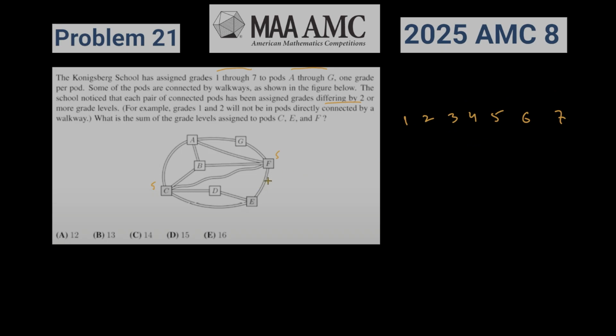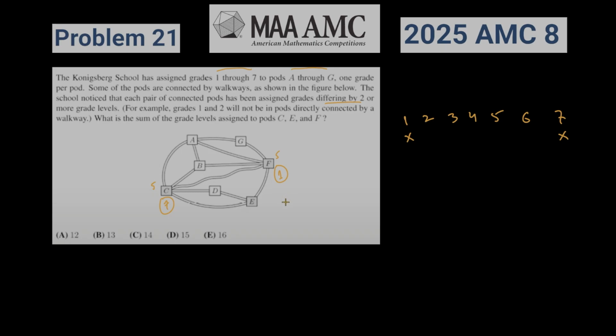So it doesn't really matter what you assign to C and F. We can just say, let's say F is 1 and C is 7. It wouldn't really change our answer because at the end we just have to add C and F together. So 1 and 7, they are taken.